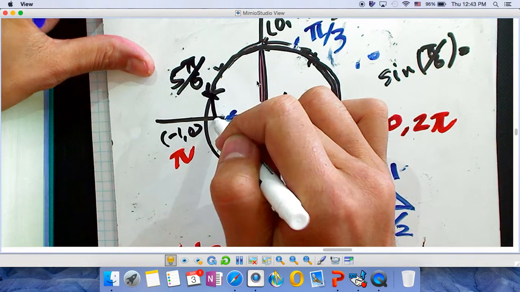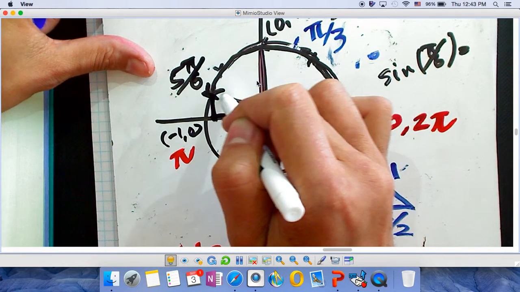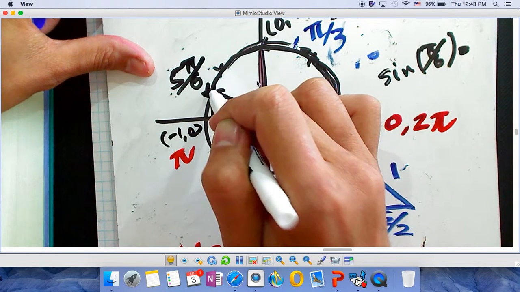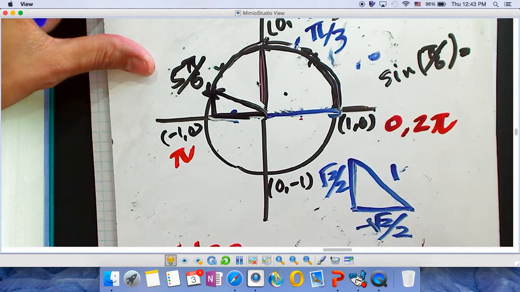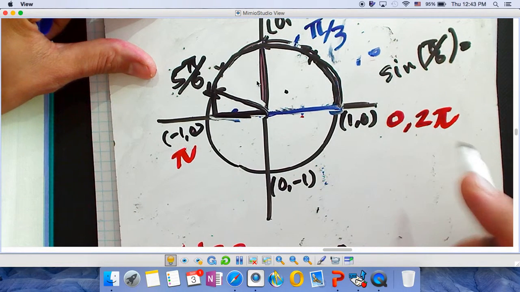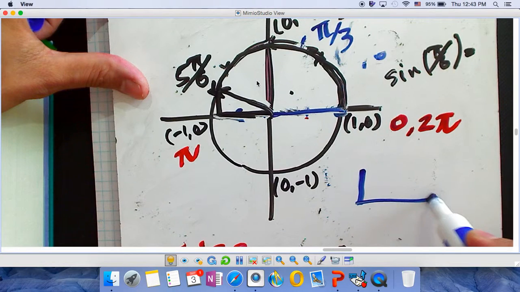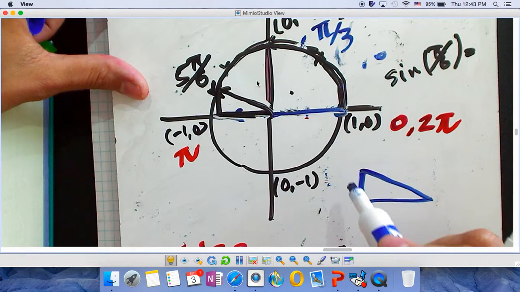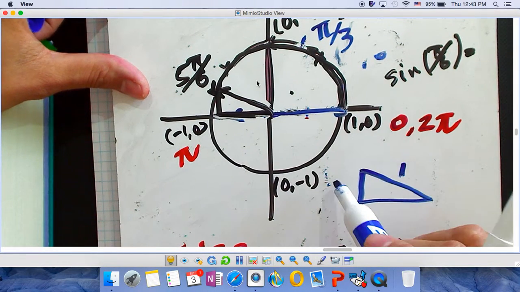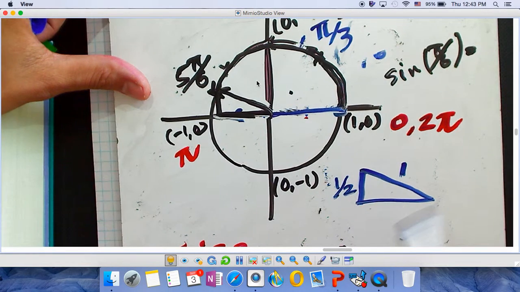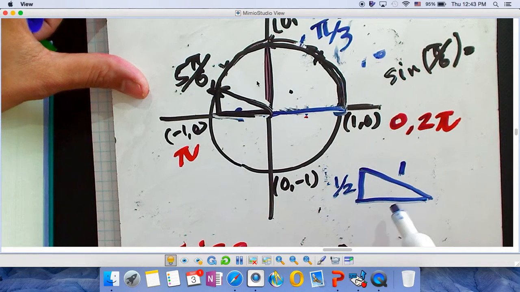And the triangle we see is the equilateral triangle, longer side sits on the x-axis. So we have this triangle, whose radius is 1, shorter leg is half, and longer leg is square root of 3 over 2.